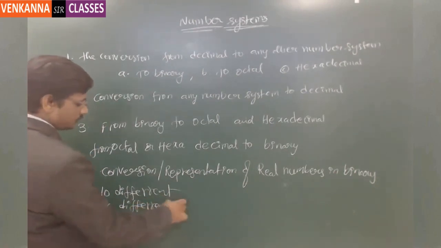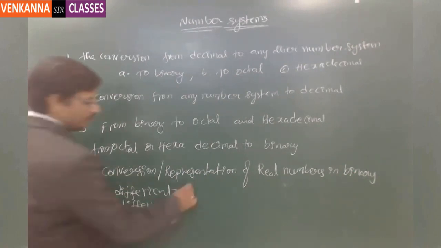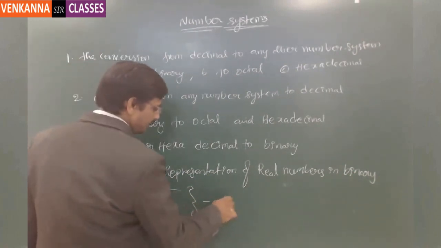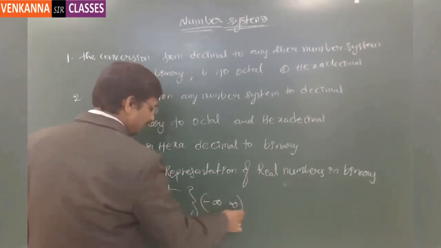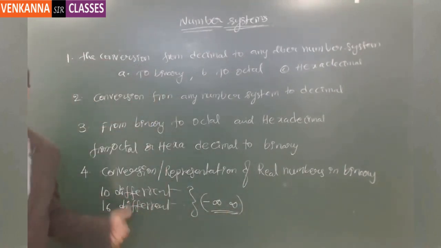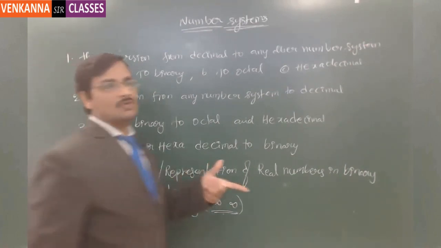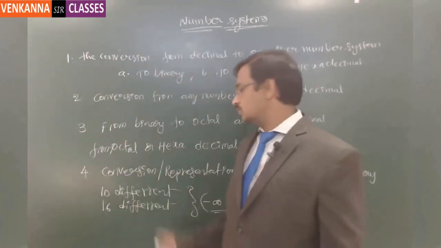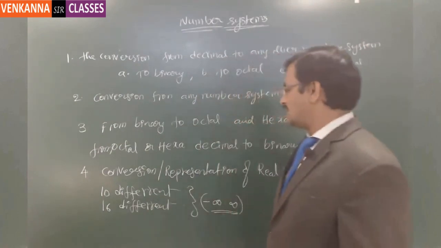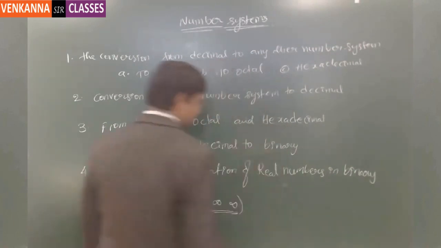Now, though we use 10 symbols here and 16 symbols here, we will be able to represent each and every number from minus infinite to plus infinite, whatever may be the number system we select, right? The only thing is the length of the number is going to change.